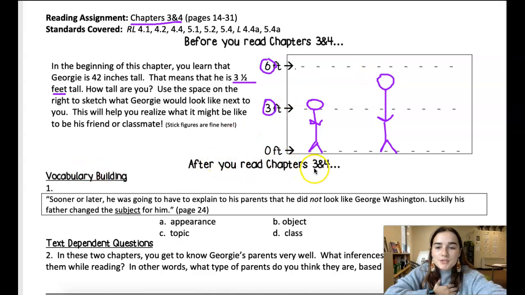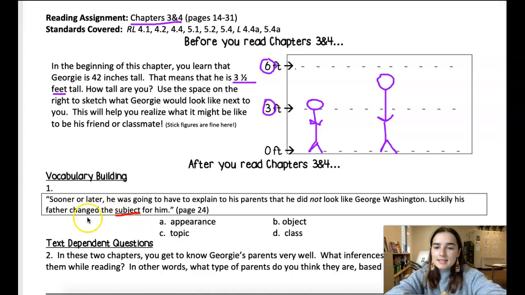After you read chapters 3 and 4, vocabulary building. Number 1. "Sooner or later, he was going to have to explain to his parents that he did not look like George Washington. Luckily, his father changed the subject for him." This is a quote from page 24, and this question is asking us to find the best definition for the word "the subject."